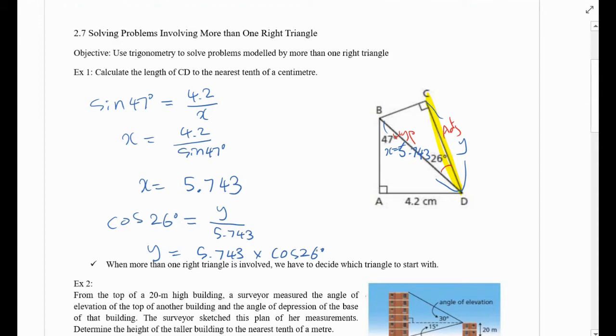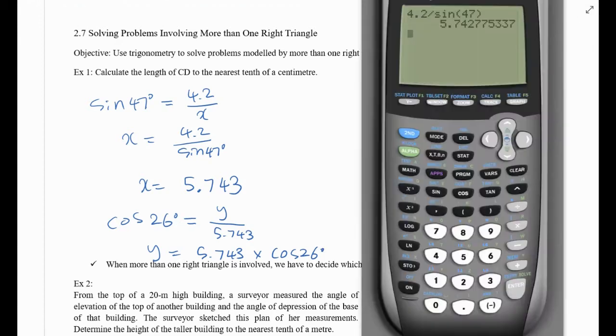And let's put this into your calculator. 5.743 times cosine 26, and that is 5.16. So we are going to keep tenths of centimeter. So we're going to round to 1 decimal. So 5.2 will be the answer.